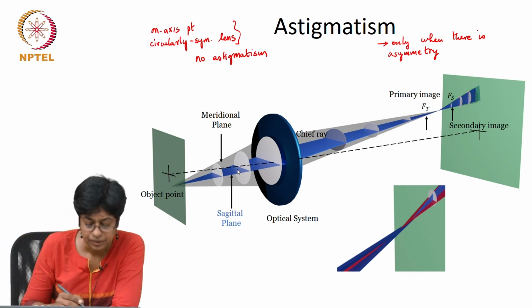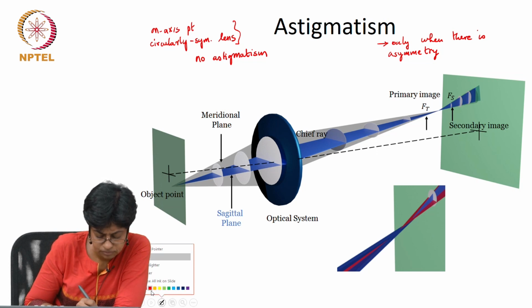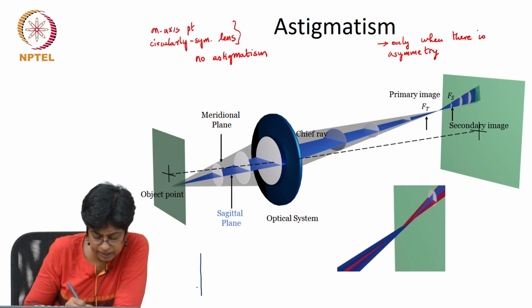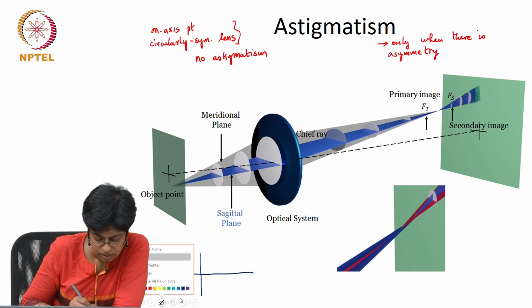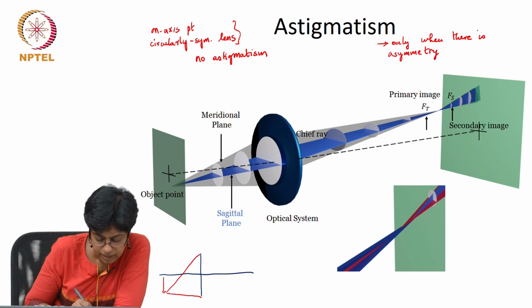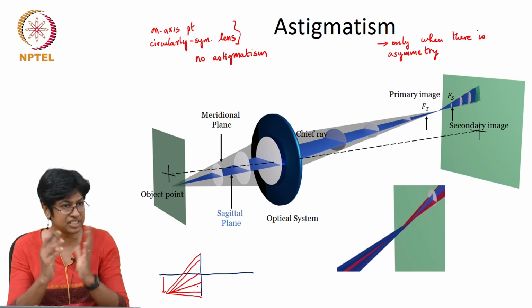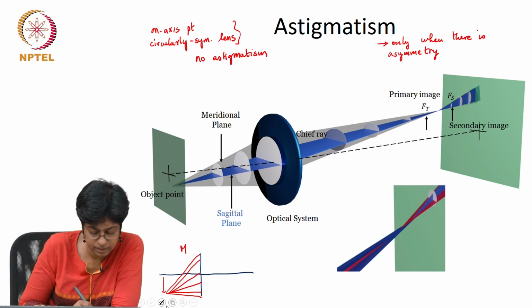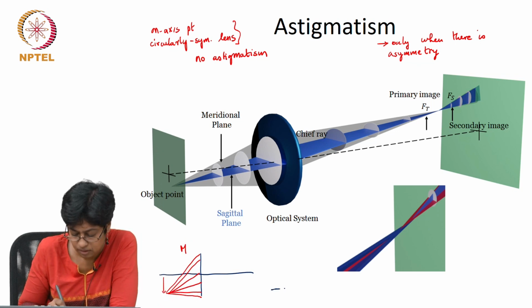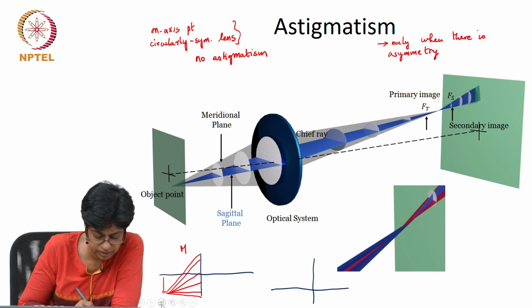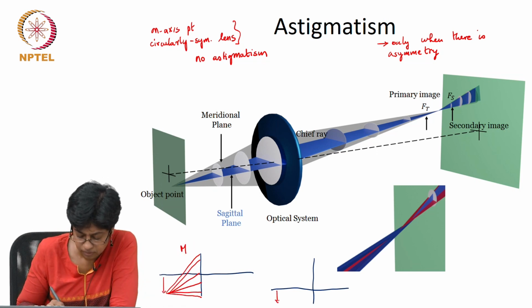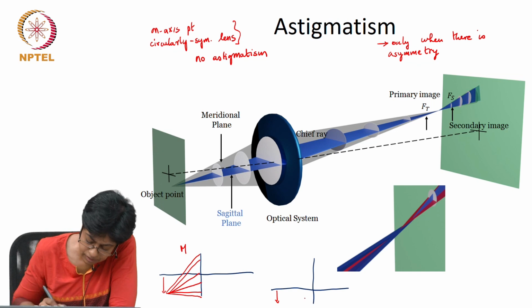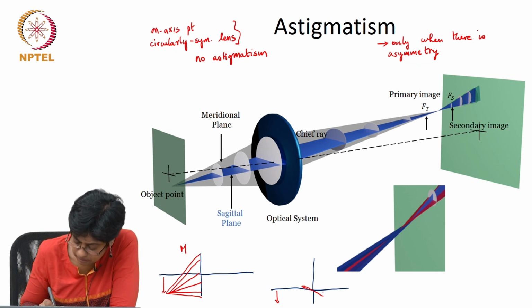Now you already know that, if this is your lens and this is the optical axis, the meridional rays are coming from this off-axis point, and you can see they all hit the lens in a very different manner. There's no symmetry in the way they hit the lens. So this is for the meridional plane. On the other hand, the sagittal rays are all, I can't really draw it, but let's say this is my sagittal plane.